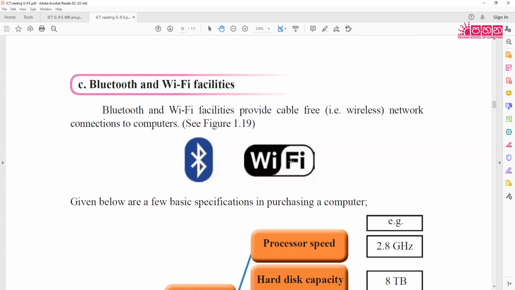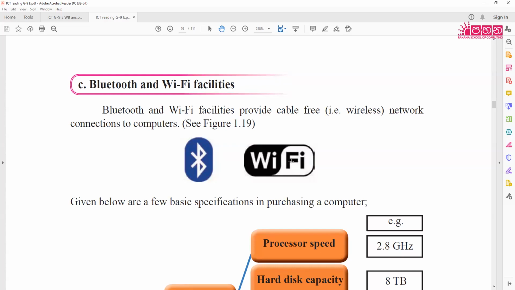Now, previously, for wired networks, we were using RJ45. But if you want to wirelessly connect computers, you can even use Bluetooth. In the early days before Wi-Fi came in, Bluetooth was used. Then you have IR, infrared, like for example in TV remote controllers, again wireless.